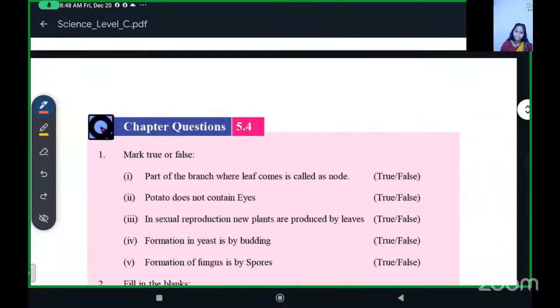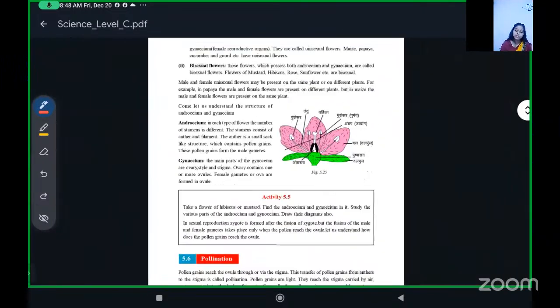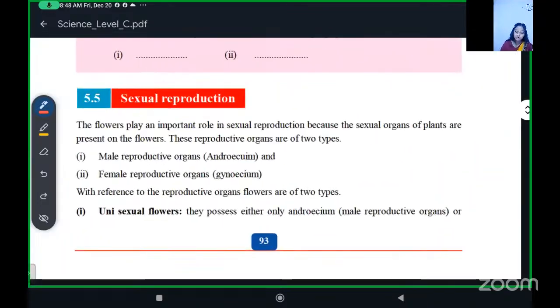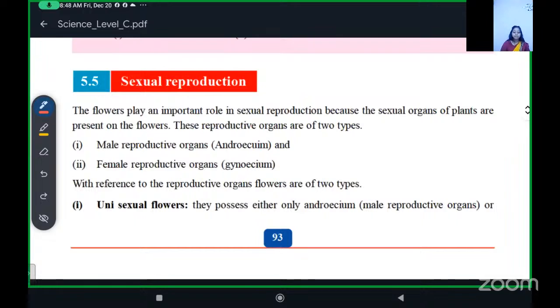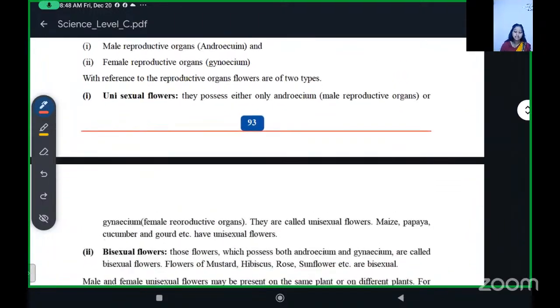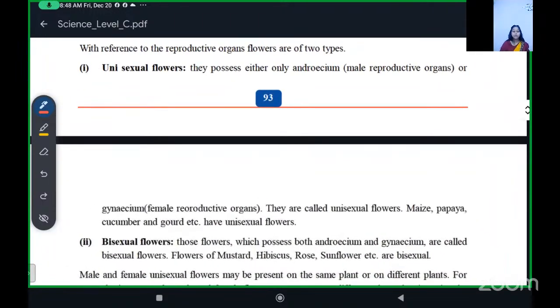Then, sexual reproduction in plants. Plants have two different types of reproductive organs: the male reproductive organ, known as the androecium, and the female reproductive organ, known as the gynoecium. Now, there are two types of flowers. Unisexual flowers have only either the androecium or the gynoecium, so they are either female or male.